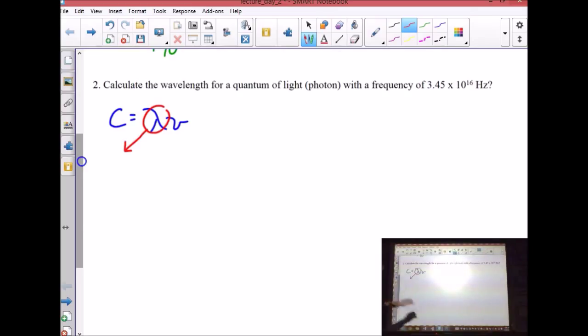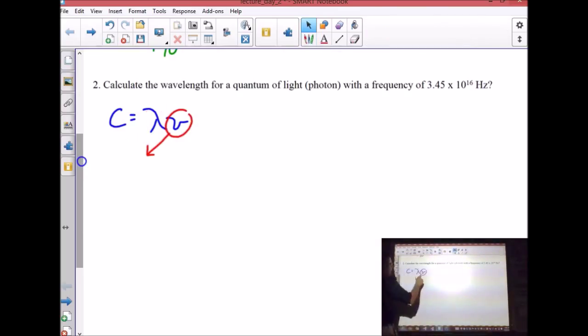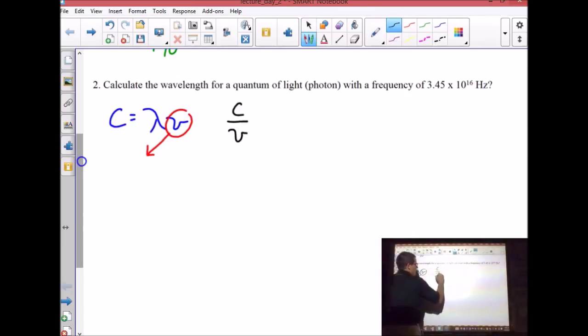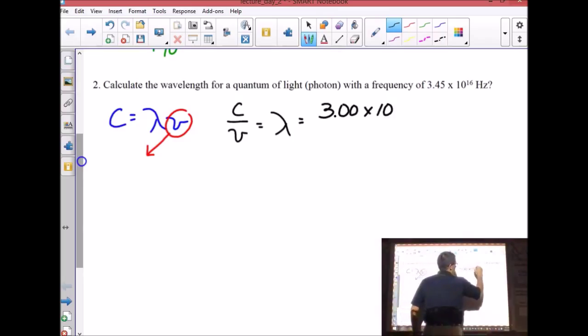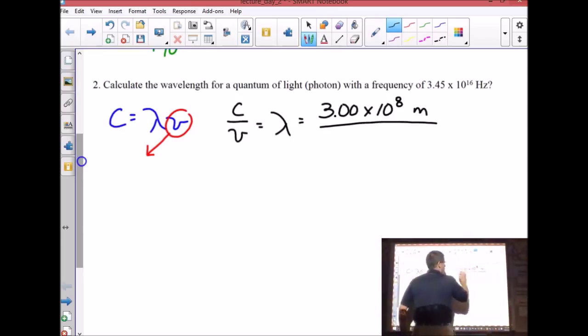Oh, no, you're right, we're looking for wavelength. So that means we're going to move frequency over. So there is our equation. Be sure to show that before you start working. And again, speed of light, 3.0 times 10 to the 8 meters per second.